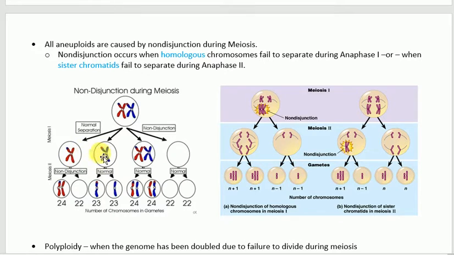Normal separation has occurred. Over here, this is non-disjunction. We've got nothing there, so that separation did not occur. And you can see that it can happen in multiple places. Here, this is where it's happening in meiosis 1. This example is where it has happened in meiosis 2, or as a result of the non-disjunction in meiosis 1. And here's just another image showing you the same thing.